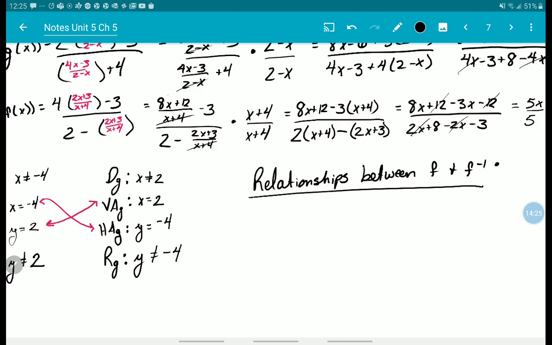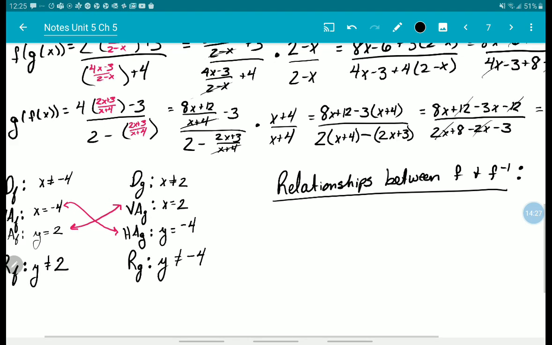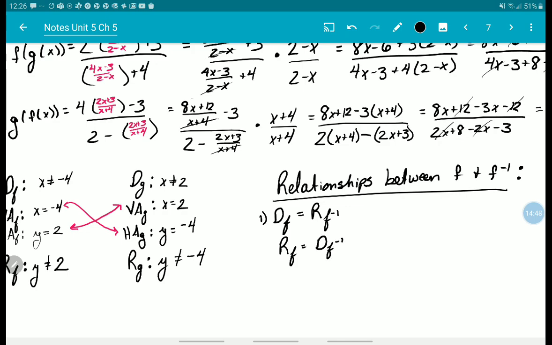Let's talk about this just a little bit more in depth. Those domains and ranges are going to flip. The domain of f ends up being the range of the inverse, and the range of f ends up being the domain of the inverse.